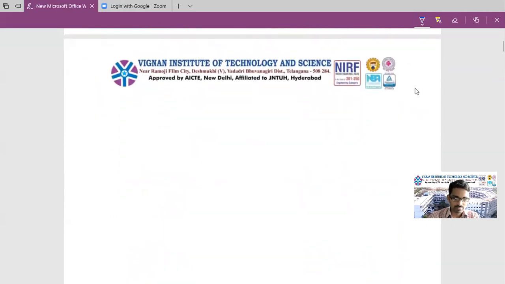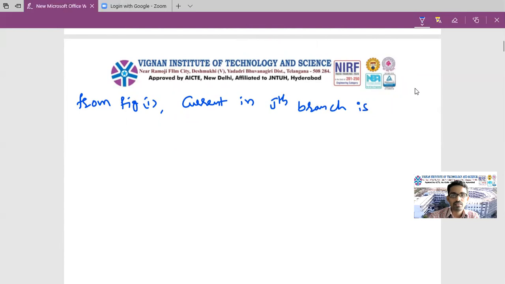So from figure 1, let us write the current in jth branch. The current in jth branch is Ij1.